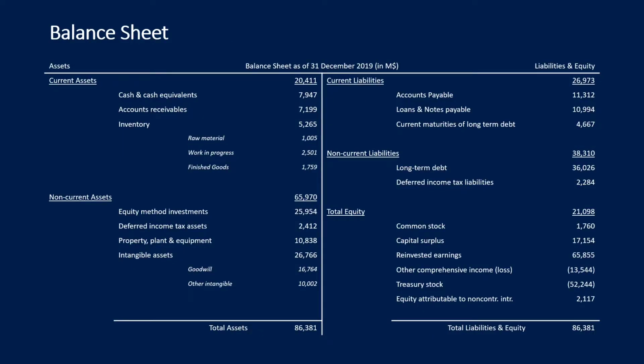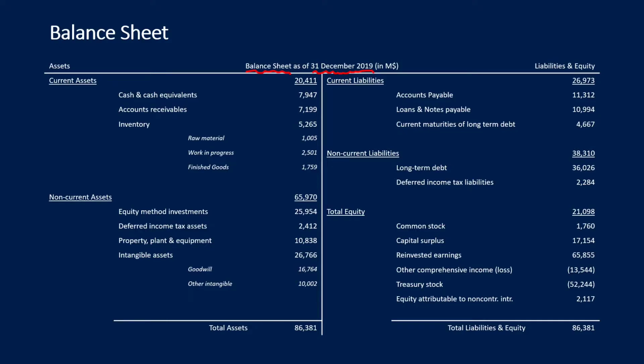This is the balance sheet of a typical industrial company, a very large one. So what do we see here? First of all, we see the headline that this is the balance sheet as of 31st December 2019.